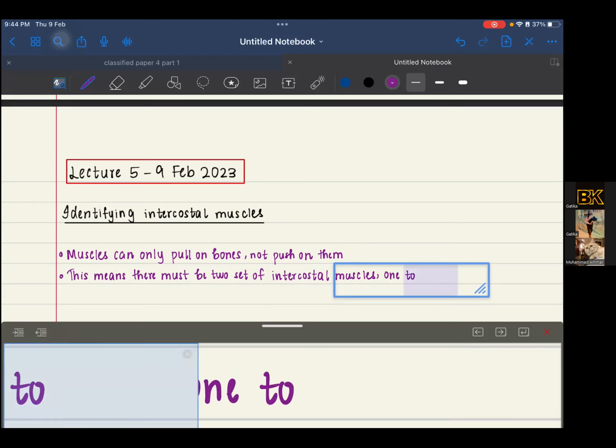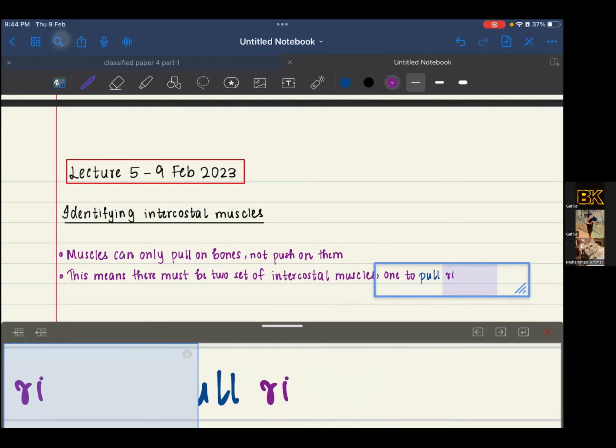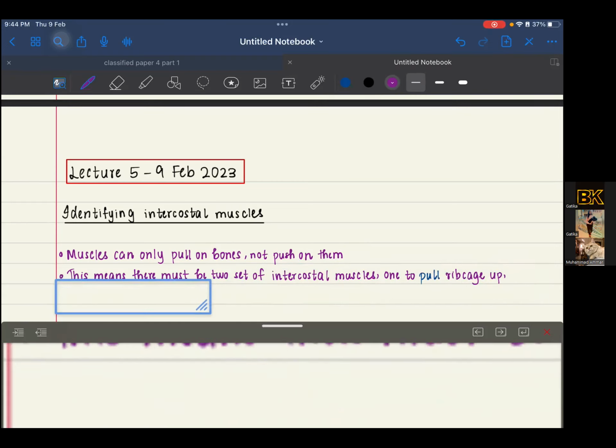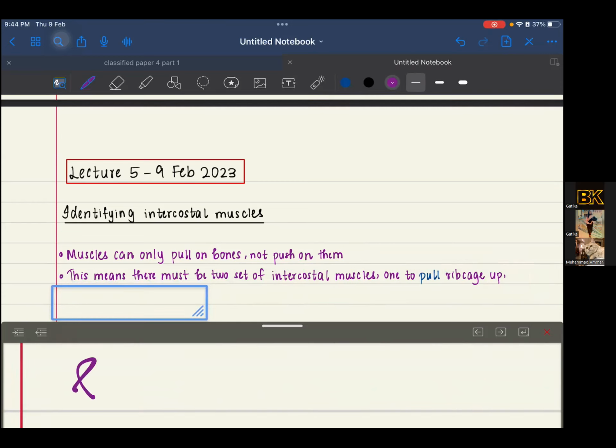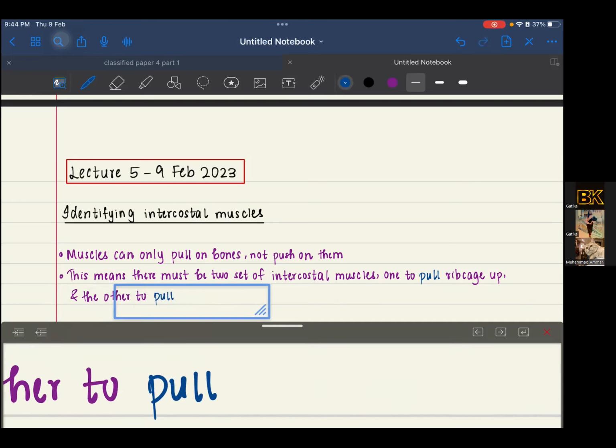This is a keyword: pull. We cannot say push. One to pull the rib cage up, and the other to pull the rib cage down.